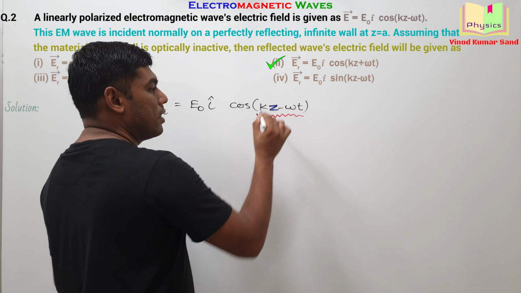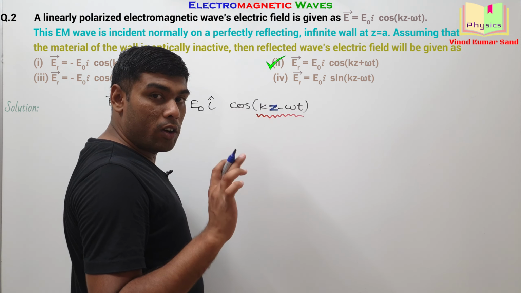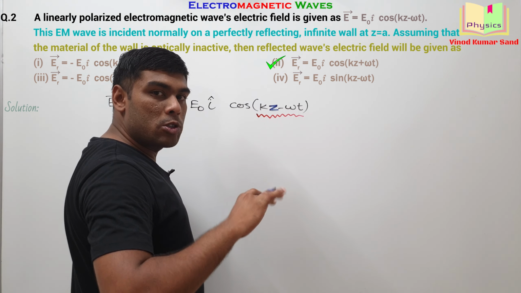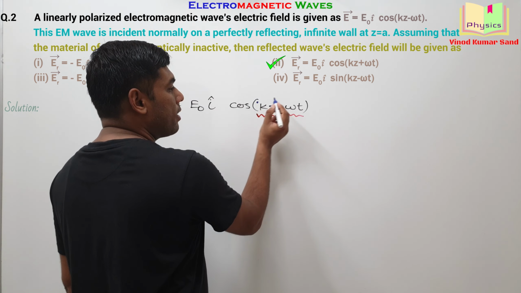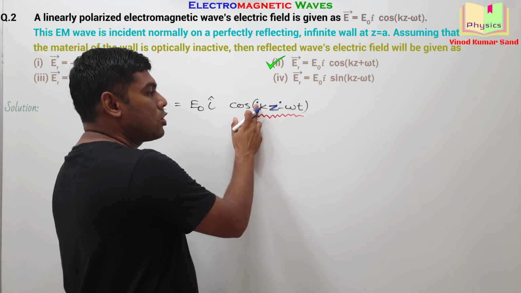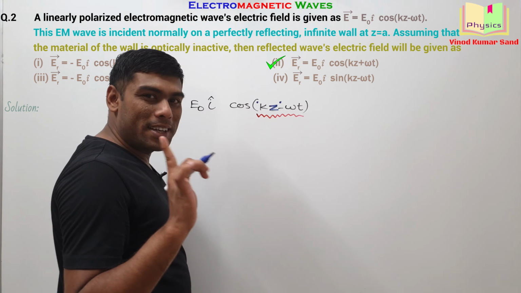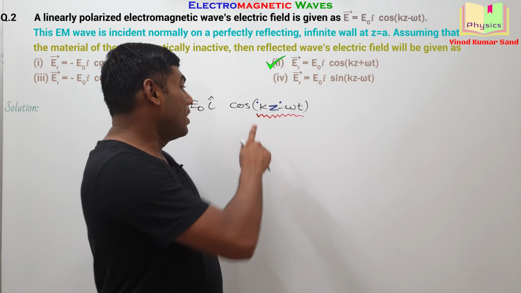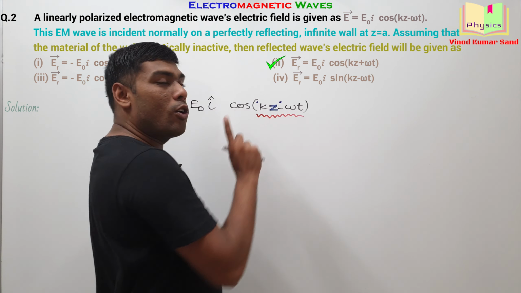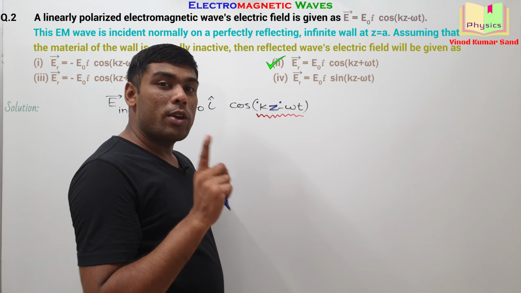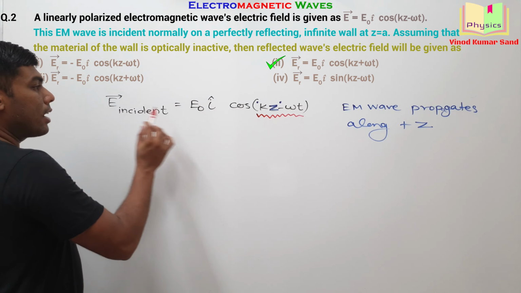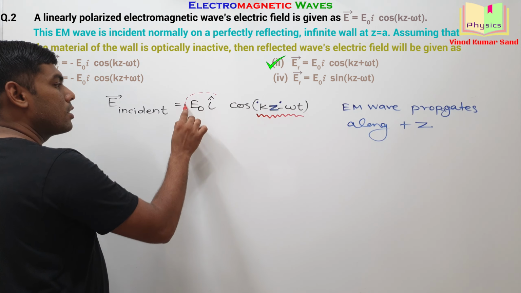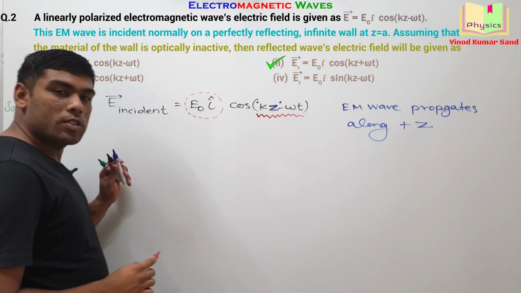It means the EM wave should be traveling along the z axis. Now positive z or negative z, that will be decided by looking at the sign here. This is positive, this is negative. Many times in this video we had the talk, when the signs here are opposite, then the wave travels along the positive direction.